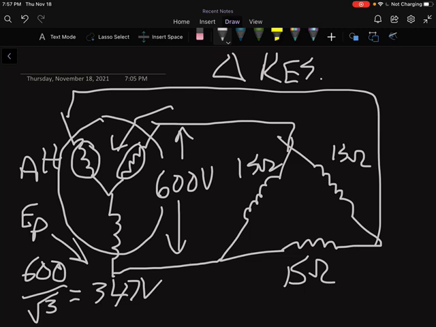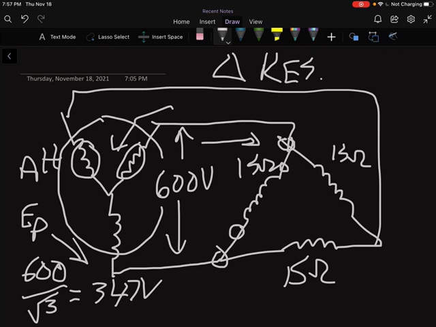But when we look at our line value, when we come into our delta connected load, we see that this point and this point, no matter where it is, if it's right close to the load or far away, is all the same point electrically. So we do not have two loads splitting up that voltage.